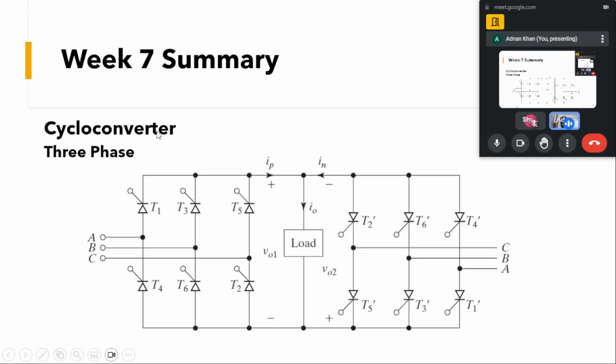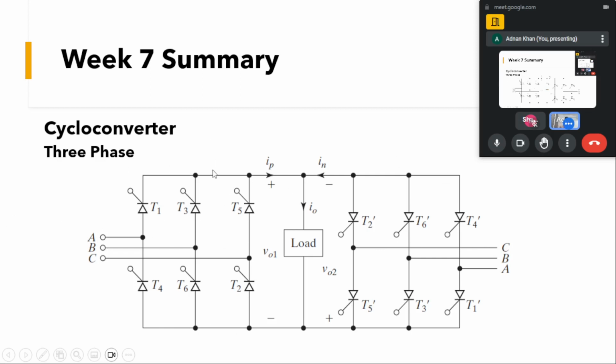Similarly, we have the three-phase cycloconverter where, instead of only one leg here, we have three legs. We have an input of three phases, and across the load, as per our switching and triggering, we get a three-phase voltage of different frequencies. It is a similar back-to-back converter with a P type and N type.